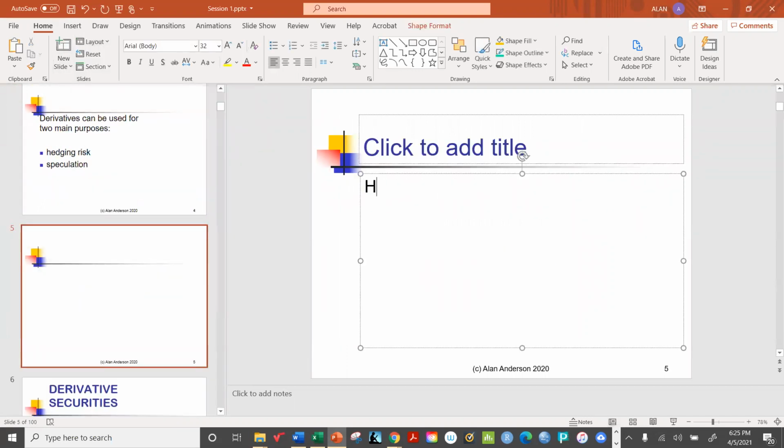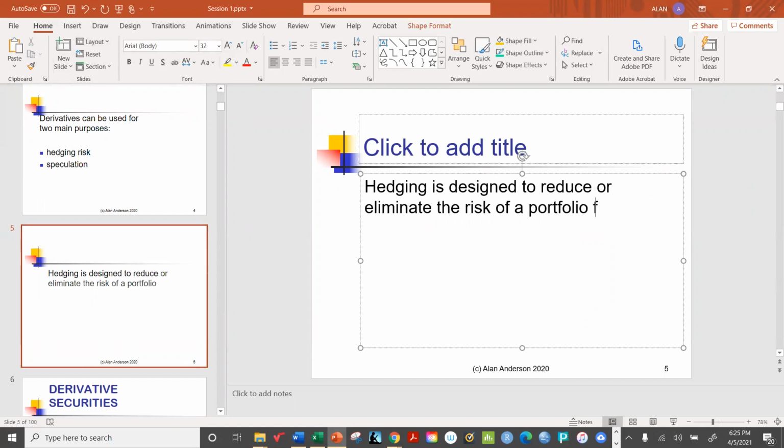So hedging is designed to reduce or eliminate the risk of a portfolio of assets. Now, it could be for other things too. Like, for example, when you buy life insurance or auto insurance or homeowners insurance, it's all about reducing risk. But here we're specifically thinking in terms of the risk of a portfolio of assets.